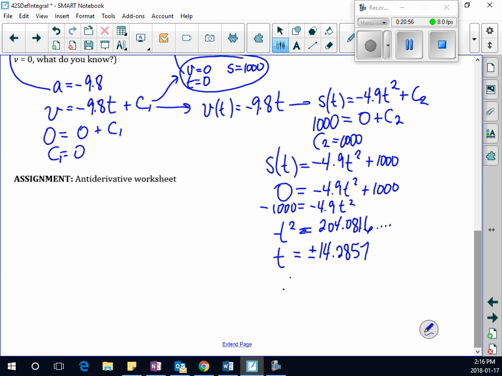So, therefore, at 14.2857 seconds, it is at ground. Yes? Make sure you have your units in there, all that.